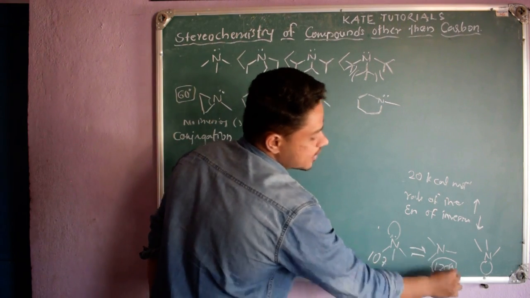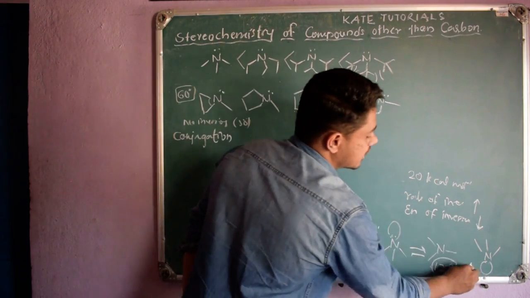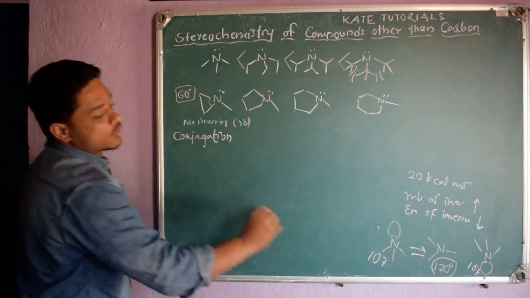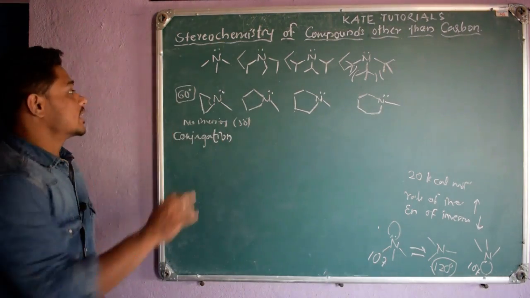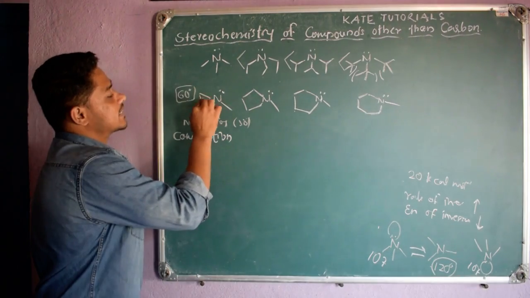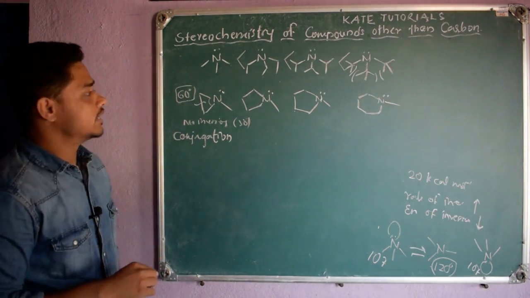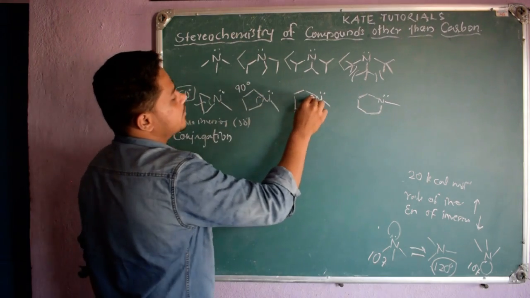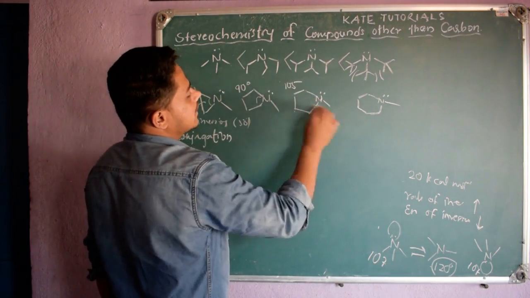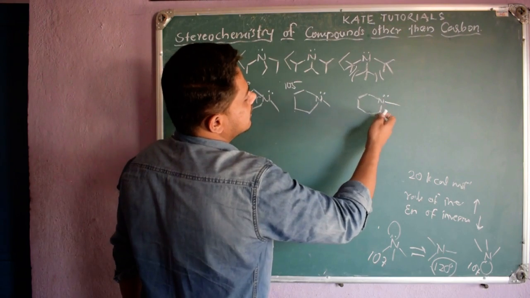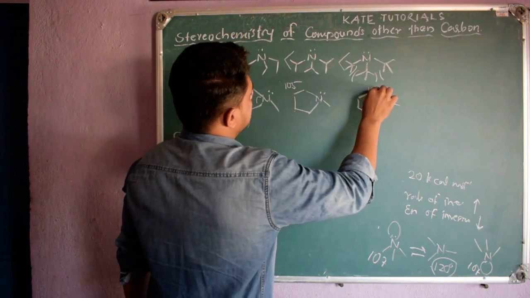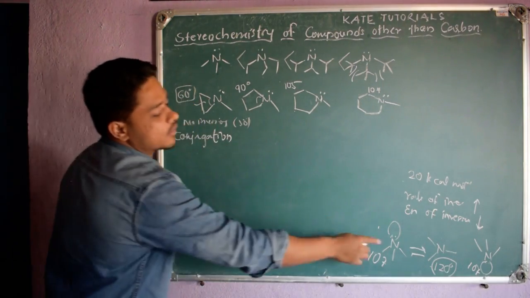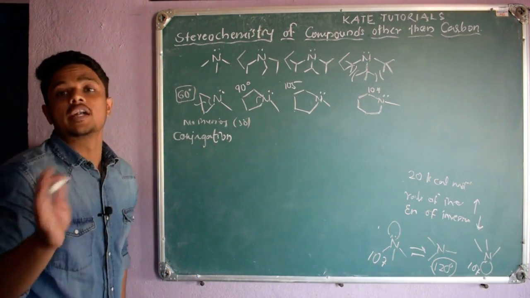Here the bond angle is 90 degrees, here around 105 degrees, and here 107 or 108 degrees. So from 60 to 120 degrees is very difficult.